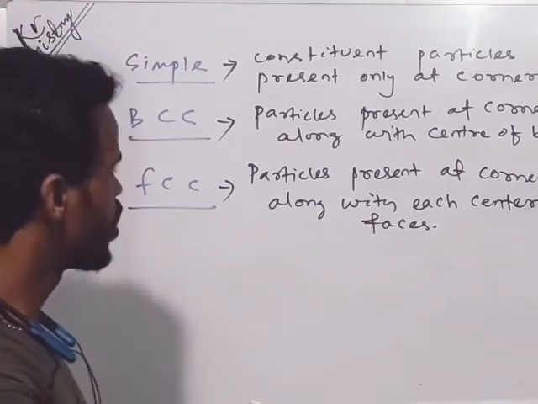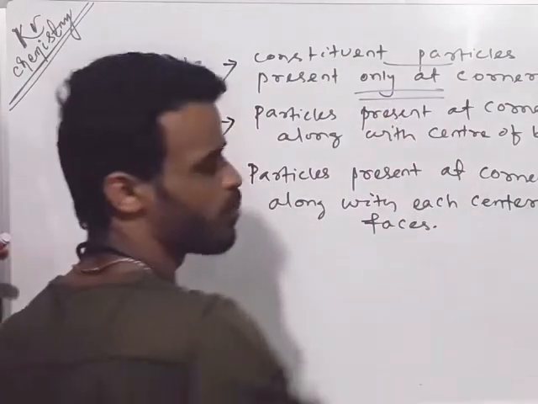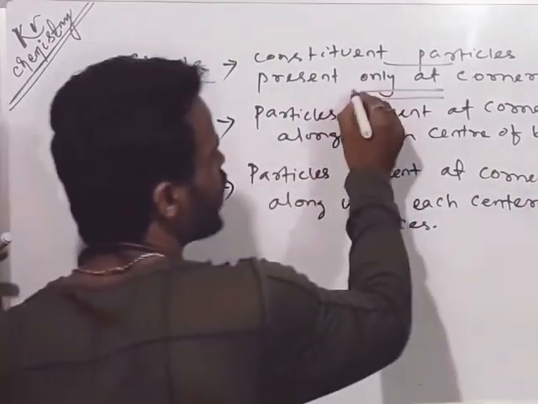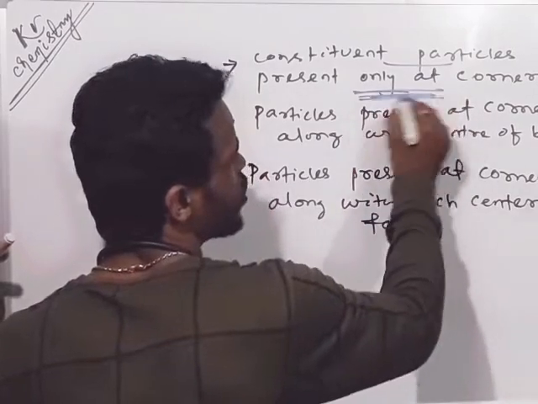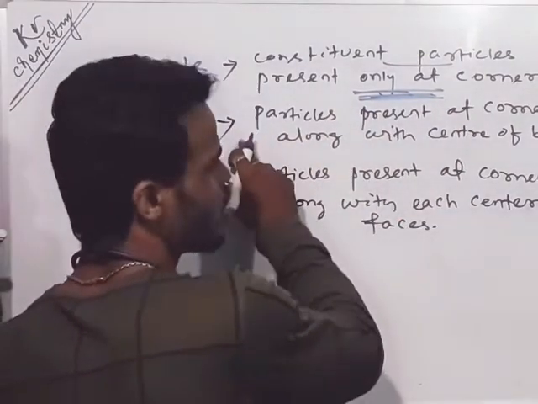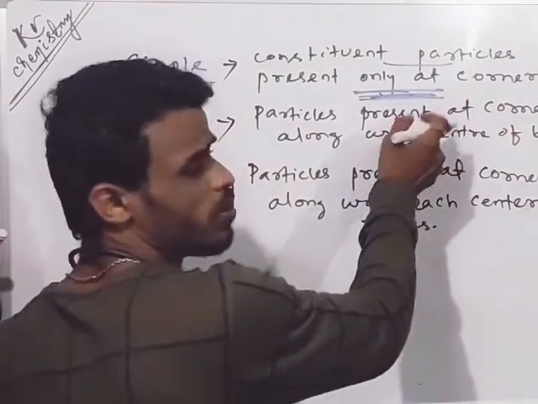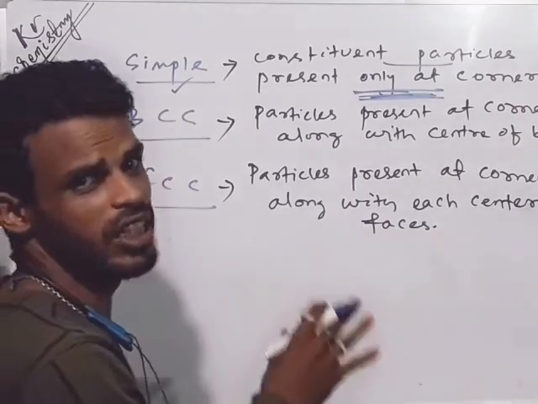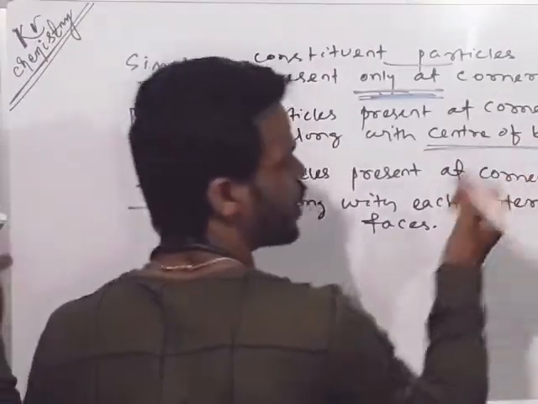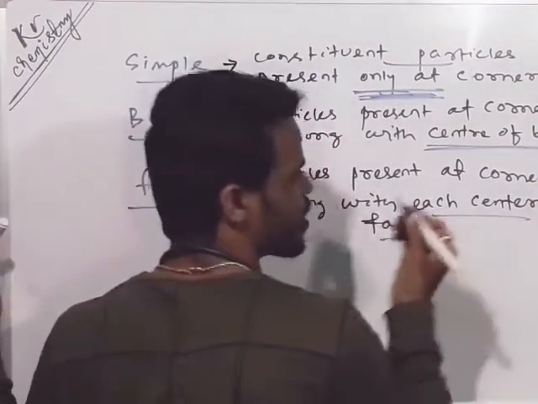Here you can mark that constituent particles are always present at the corners. In a simple cell, the particles are present only at the corners. But in a body centered, the corners are compulsory, but extra is the center of the body. And in face centered, extra is the center of face.